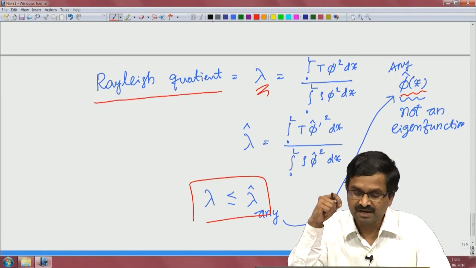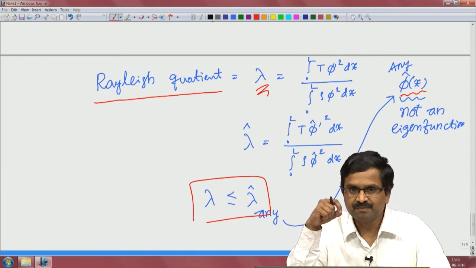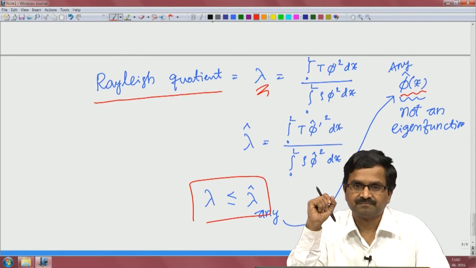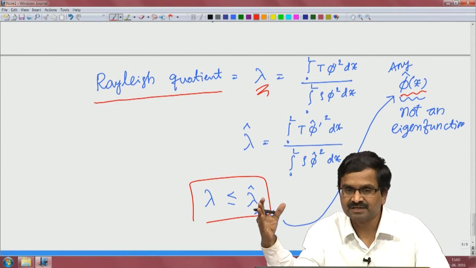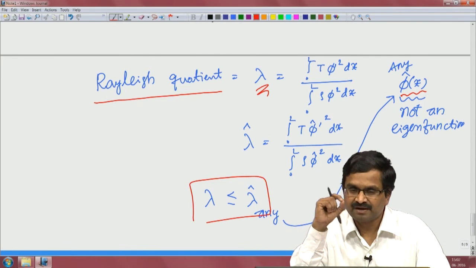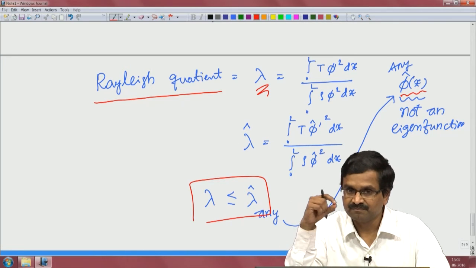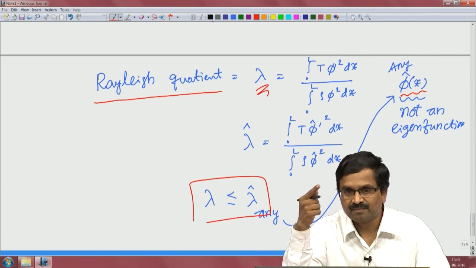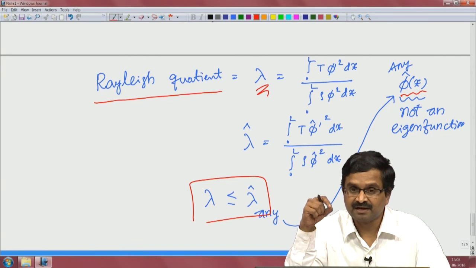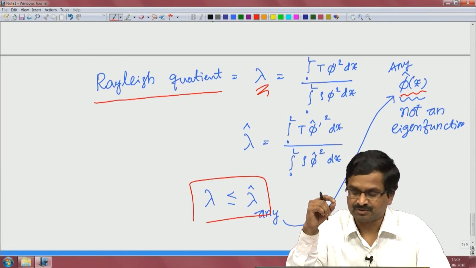In other words, the Rayleigh quotient is minimum in the vicinity of that eigenfunction. Whenever phi becomes an eigenfunction, the corresponding lambda will be minimum, and that is the real eigenvalue. That is the significance of the Rayleigh quotient.